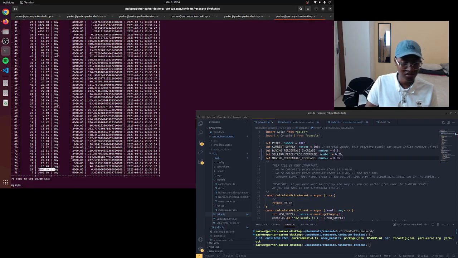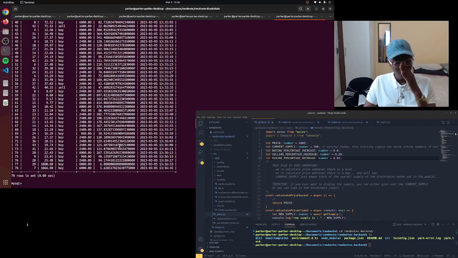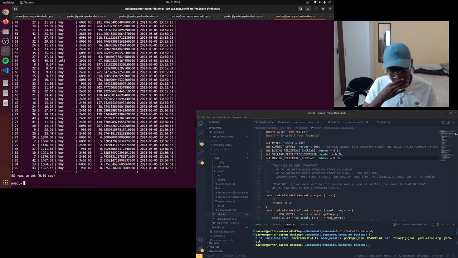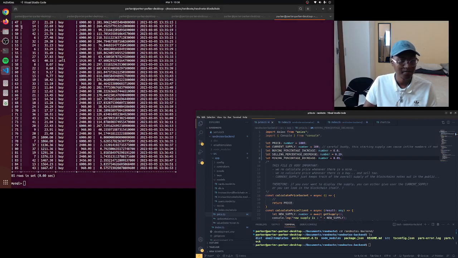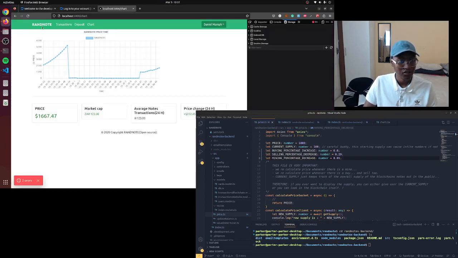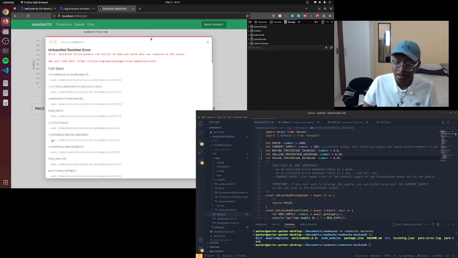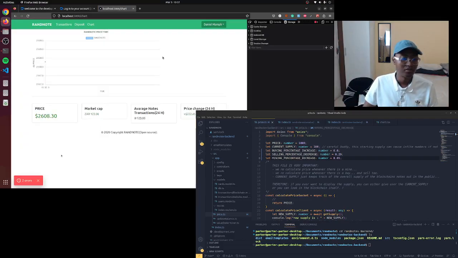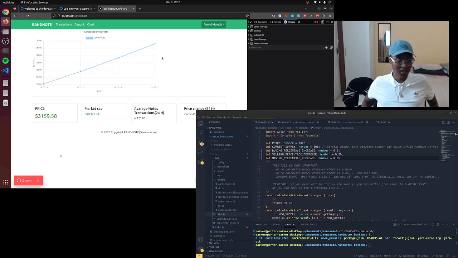Price is at 1,000. Price is at 1.6. Slowly but surely going up, up, up, up, up. We'll see what happens when we start mining. Prices are 2.6, 2.7, 2.9, 3,000.